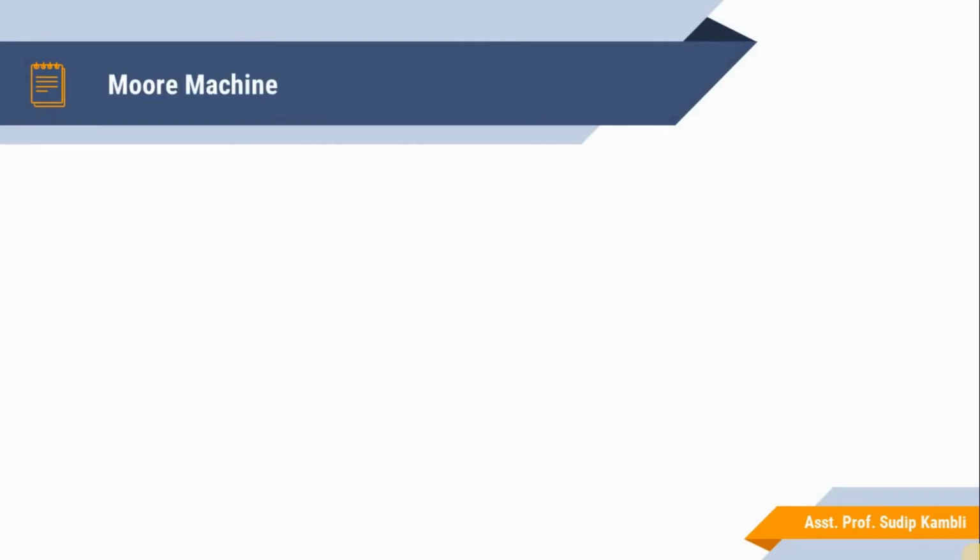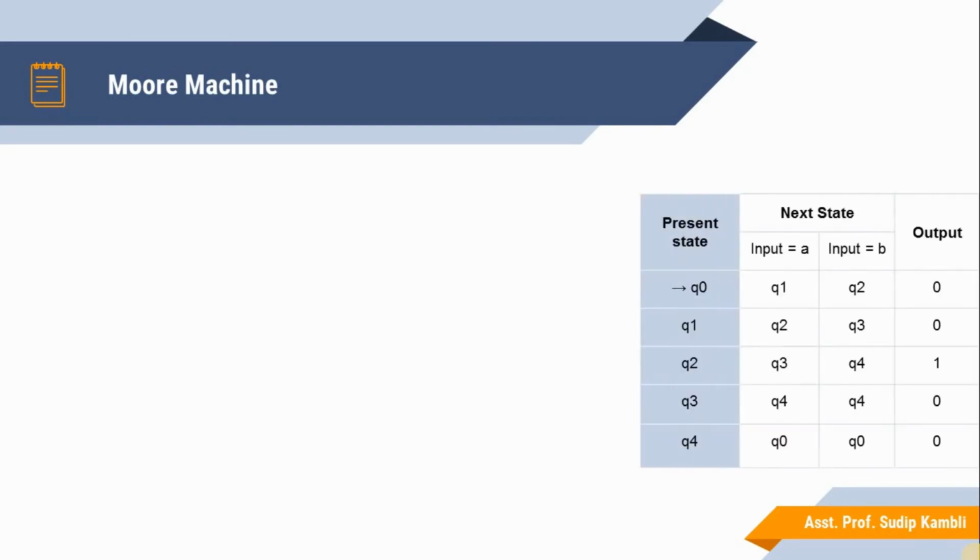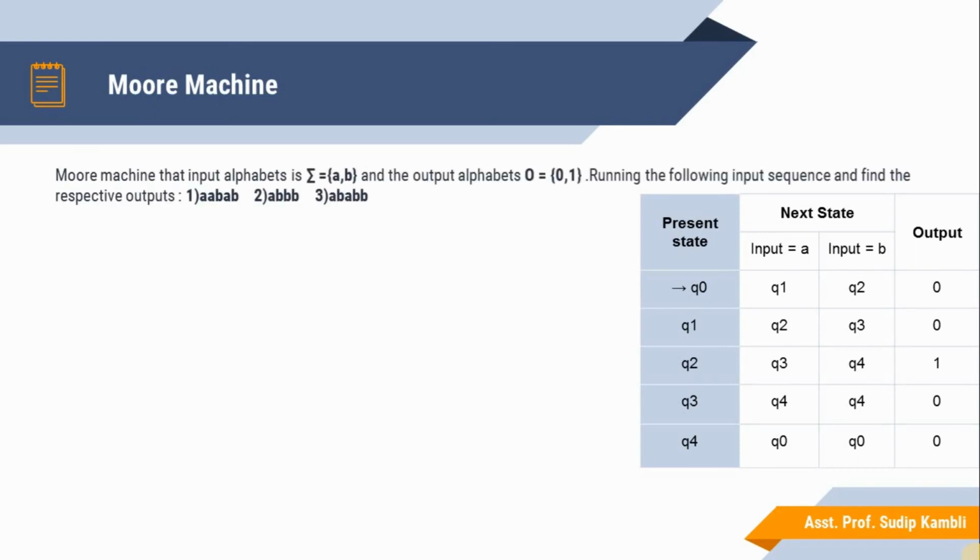In the next point, we discuss Moore machine examples. Let's consider 3 examples with solutions. Here the transition table has present states Q0, Q1, Q2, Q3 and Q4, which is 5 states. The next-state inputs are A and B, and the outputs are defined as bits 0 and 1.